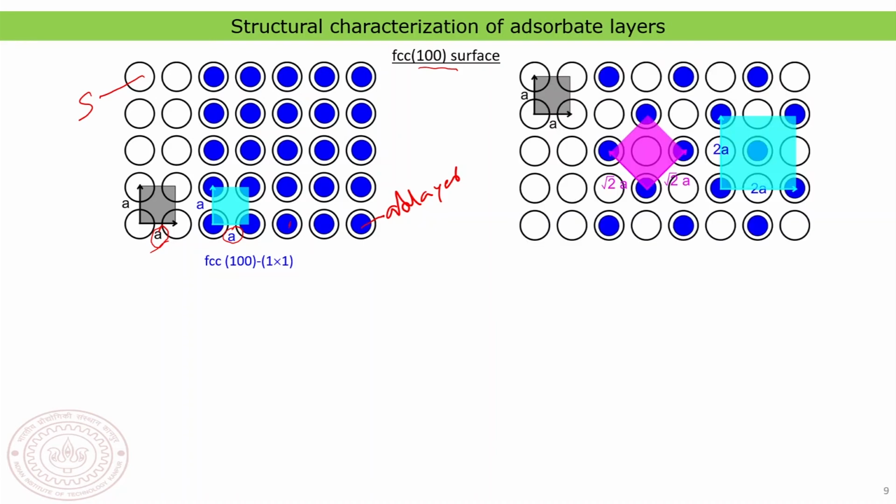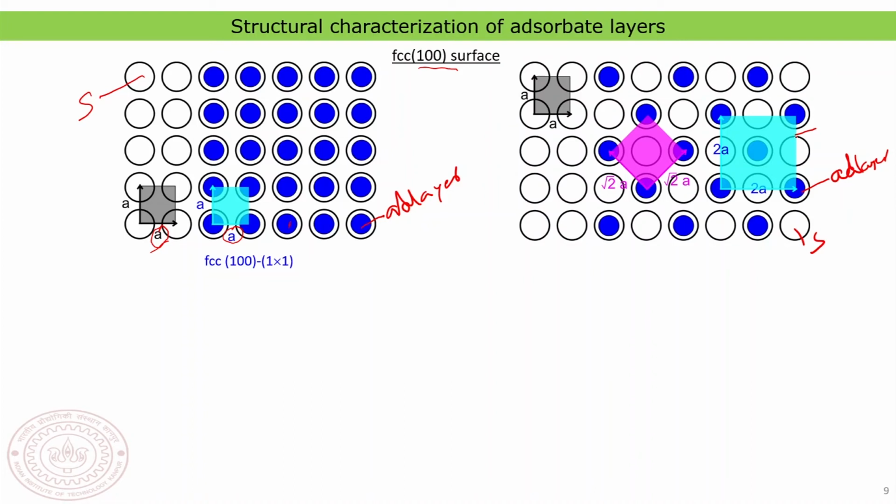Now if you take a little more complex surface, here again the blue is the adlayer atom, and this is the surface. In all the cases that I am going to discuss, it will be the same. I can represent the adlayer using two different types of cells: either the blue cell, which is a little larger, or the magenta one.